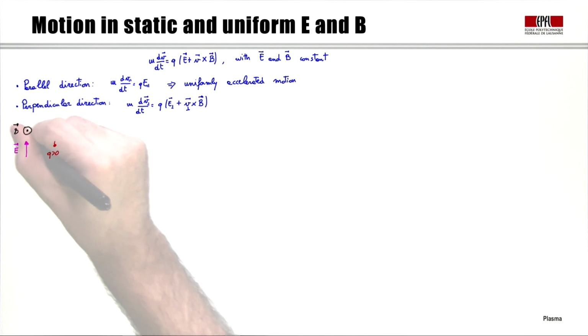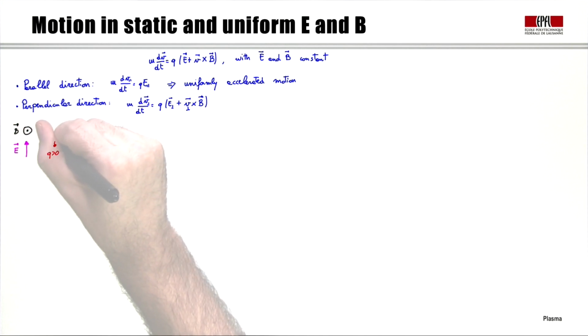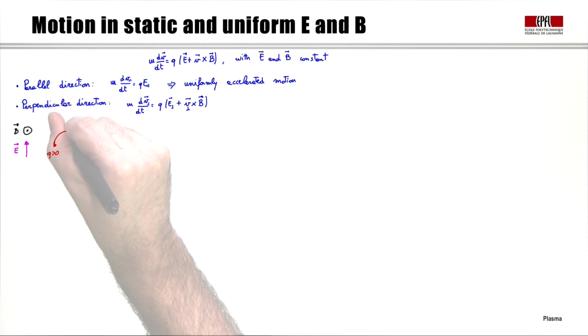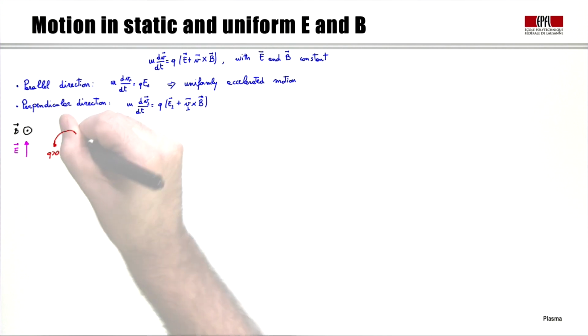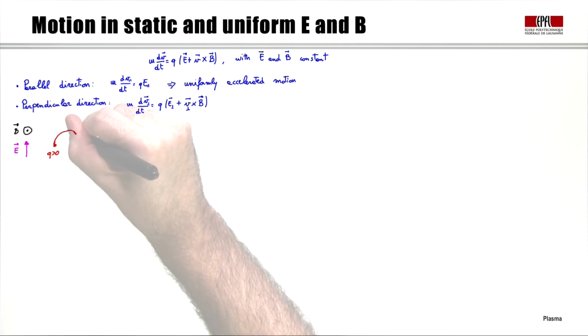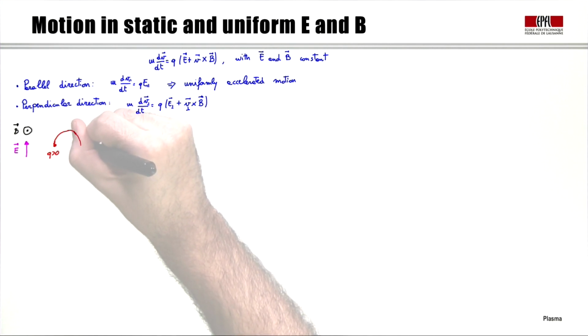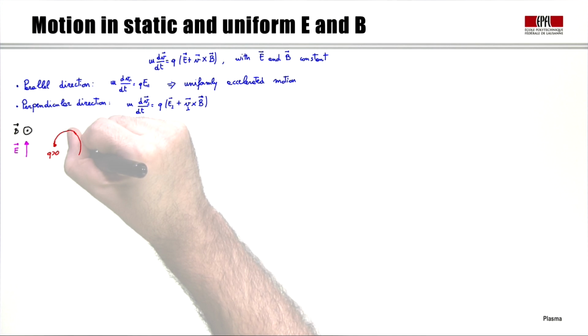At the same time, it will be subject to the magnetic field, and therefore its trajectory will be curved. And then the particle will start to move down. And while moving downwards, the electric field will slow it down. When the electric field slows it down, the velocity decreases, and when the velocity decreases, the Larmor radius of the particle decreases.